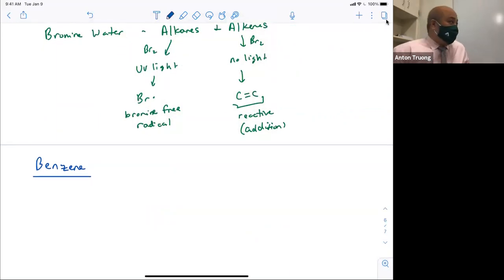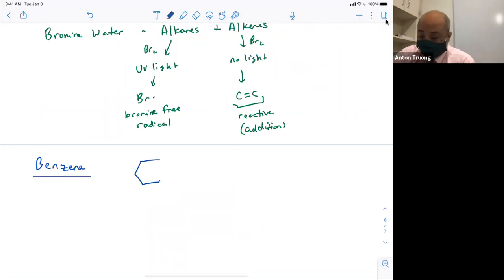Our friend benzene. Okay. A couple of things about benzene, because I've seen a lot of kids ask certain questions, so I do want to address it with everyone. Yes, we draw benzene like this for simplicity's sake, but you need to understand all bonds are identical.